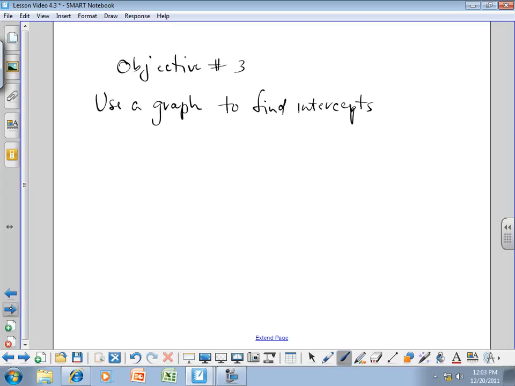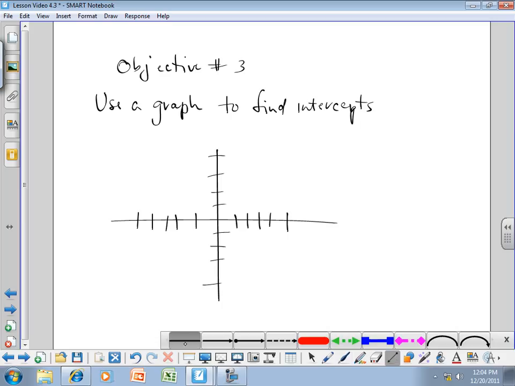Now, I guess you could go vice versa here and say, well, if I can use intercepts to graph an equation, then I ought to be able to use a graph to find intercepts. Well, let's see if you can do it. Let's see here if I can draw it well enough.